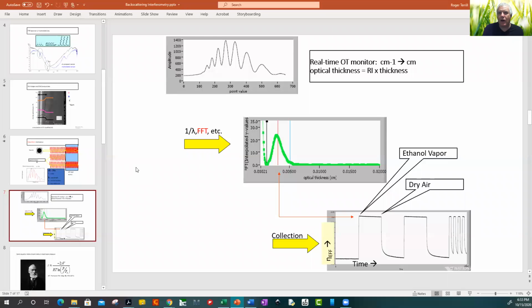Okay, I have a quick question. Yes, please. So then, the point value, how is that time? Okay, so time to frequency, or inverse centimeters to centimeters, right? Actually, this point value, I cheated.